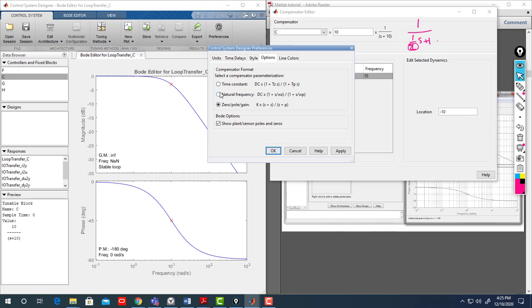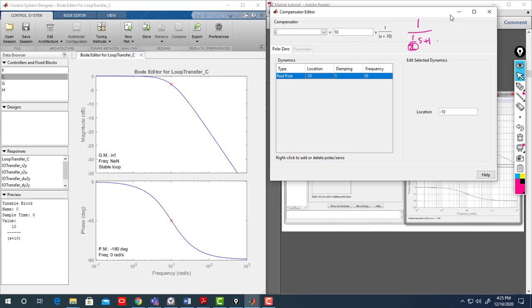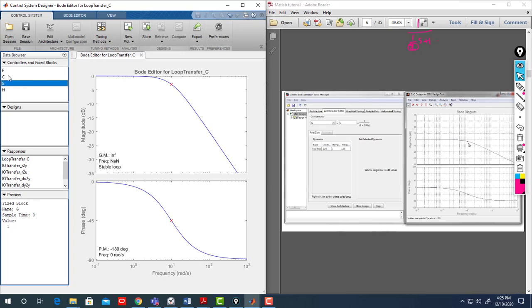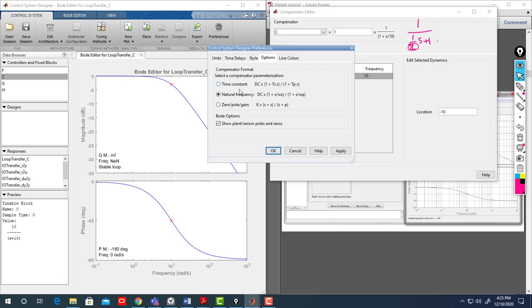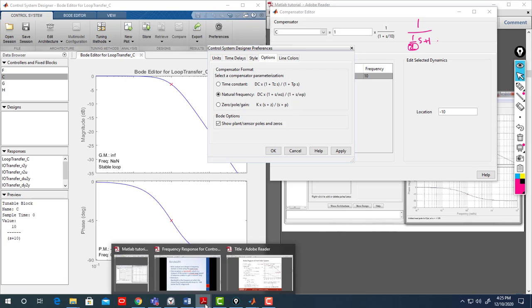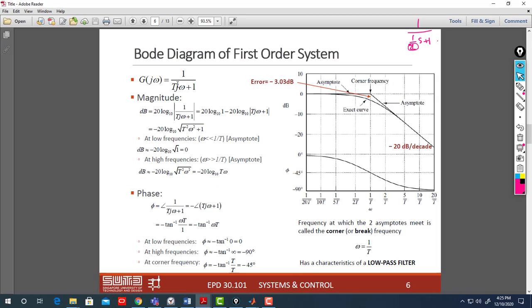If you wish to have it in another format, you can still have it in another format, like for example here. Here it could be written this way, no problem, but look at how it's written in here, because I said I want my format to be natural frequency. If you wanted to read it as the format we saw in the lecture, it could be TS, or it could be 1 over omega.